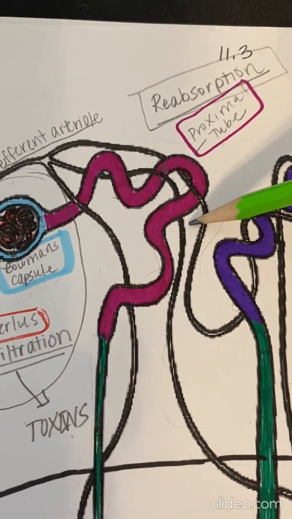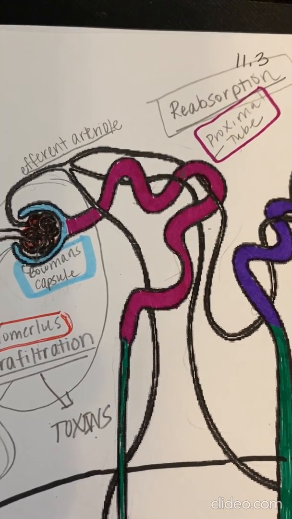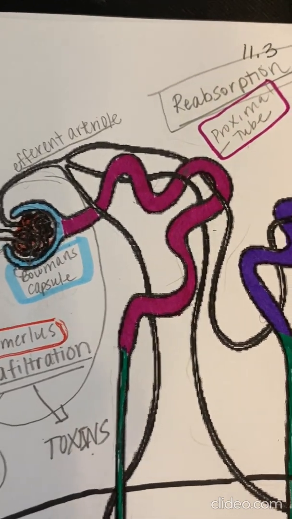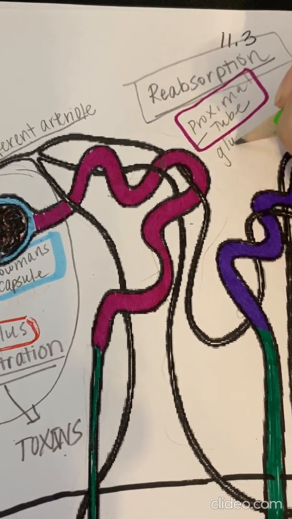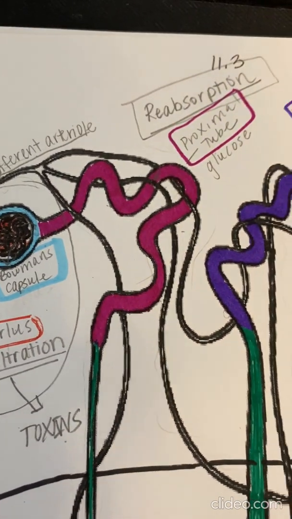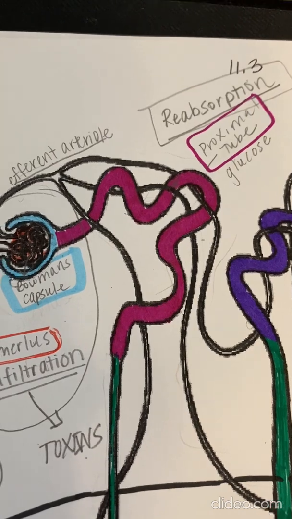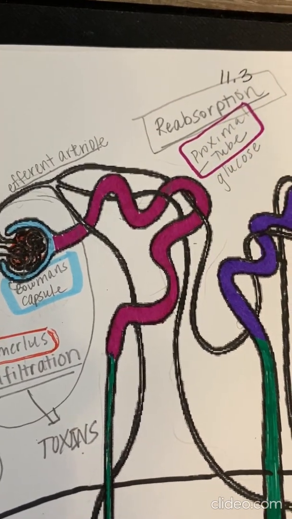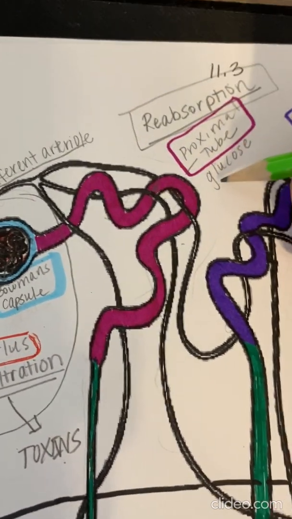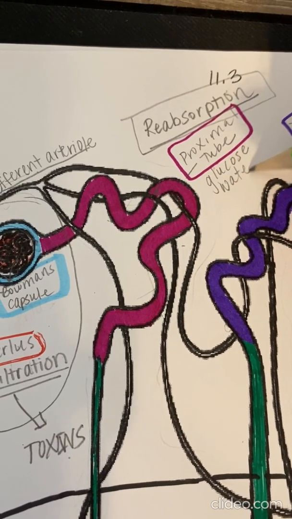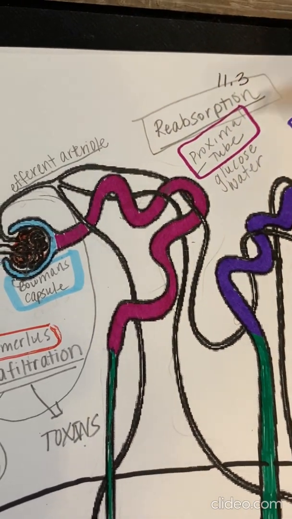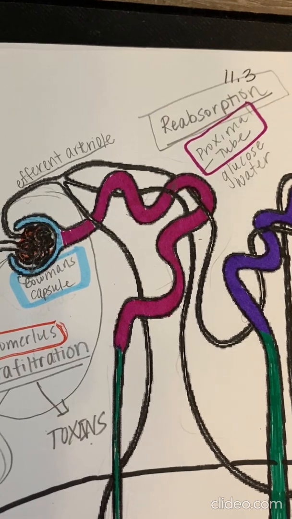So in the proximal convoluted tube, we're going to reabsorb all of the glucose. We accidentally sent glucose and the sugar, but hey, we need sugar for ATP. So we're gonna send that back into the blood. We actually took out some water, and that's bad. We're gonna need some of that water back. So the water is gonna be able to enter the bloodstream.